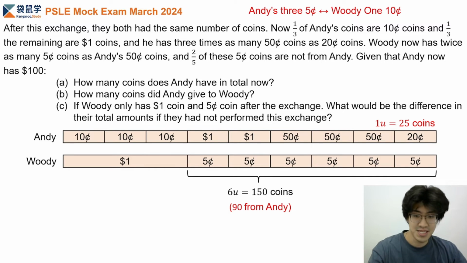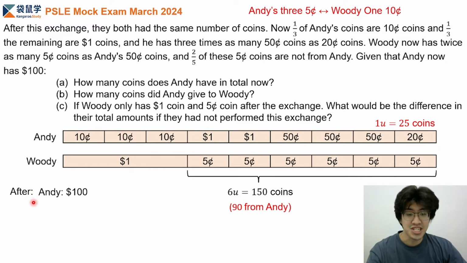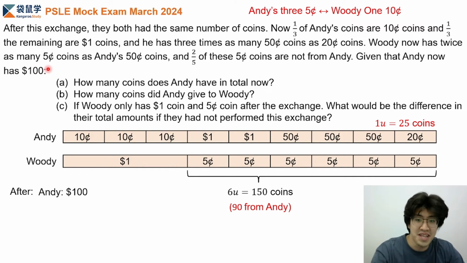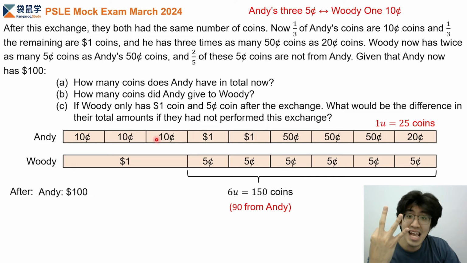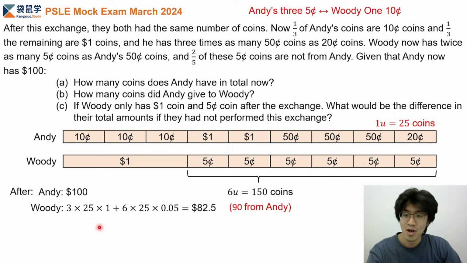So let's try this. Now, after the exchange, Andy, we know he has $100. That's what the question tells me. What about Udi? Again, over here, this is all Udi's coins, right? How many $1 coins are there? Well, 1, 2, 3. 3 units, and each unit contained 25 coins. So this is simply 3 times 25 times $1.